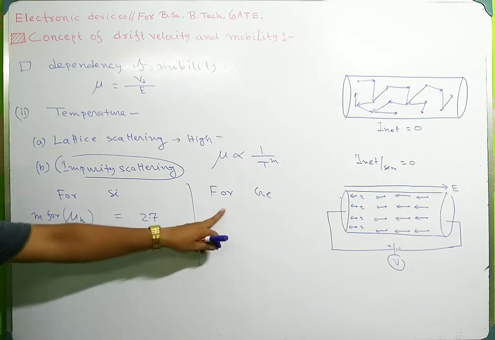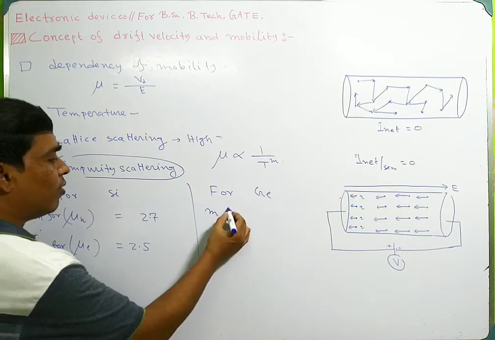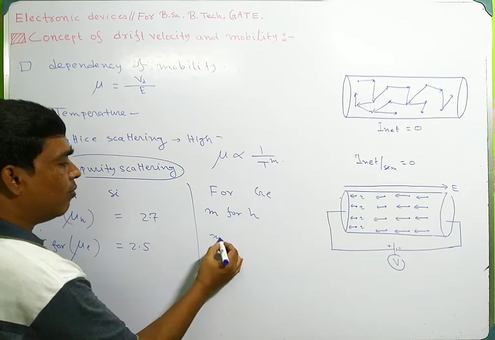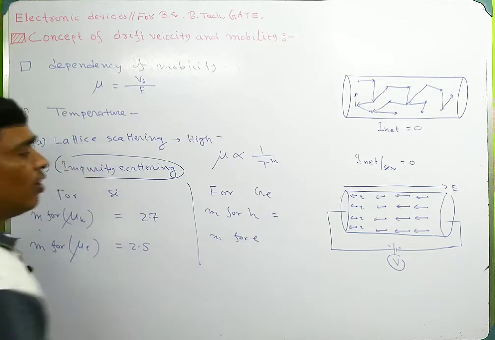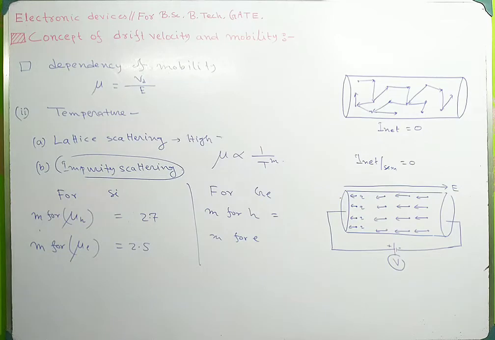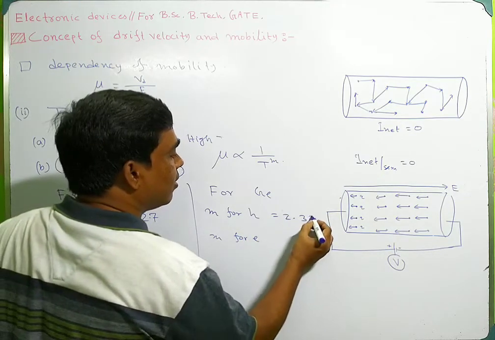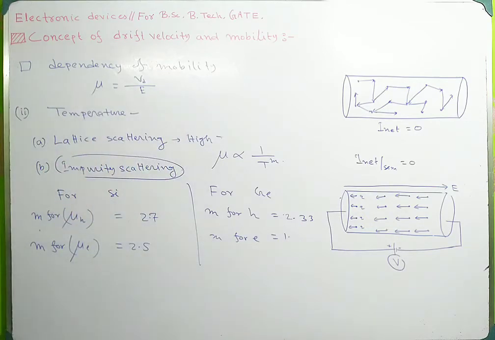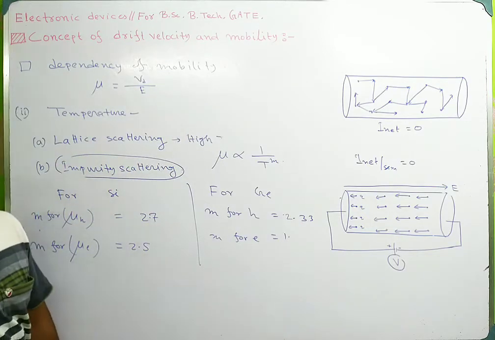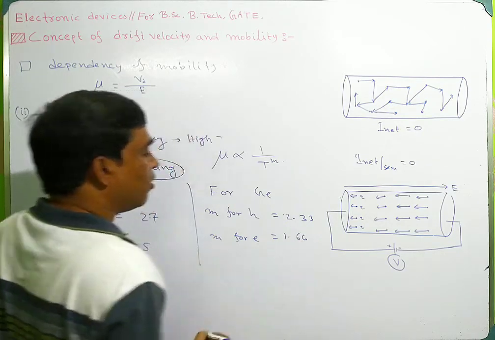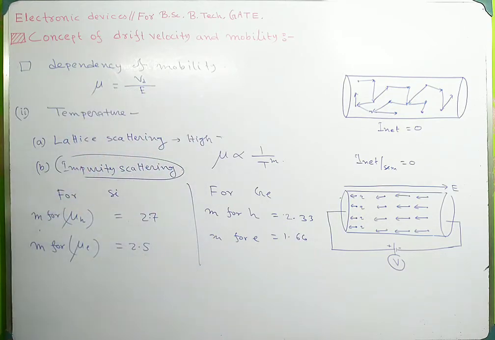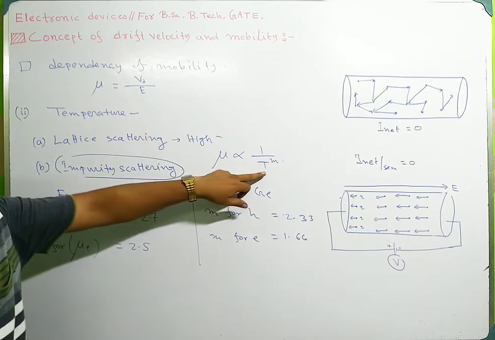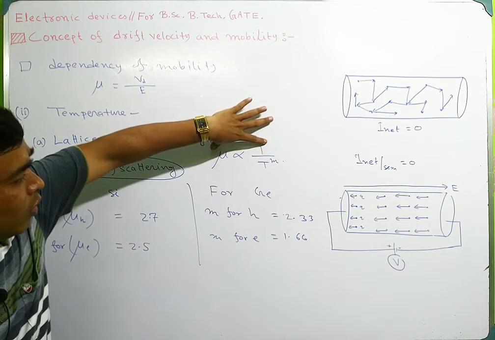For germanium, m for holes and m for electrons. For holes it will be 2.33, and for electrons it will be 1.66. So mobility depends on temperature by this equation.